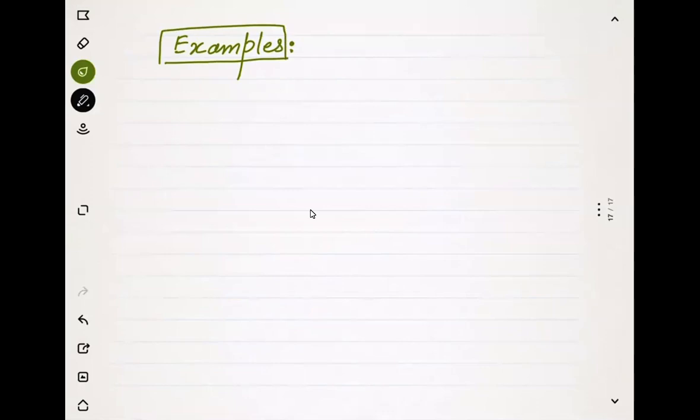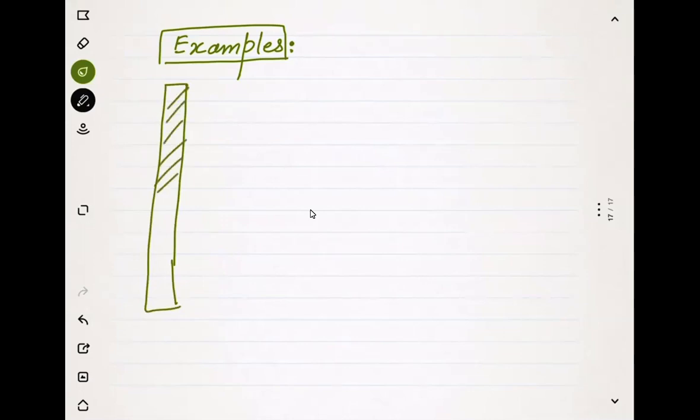Let's suppose we have a situation in which there is a wall, and against this wall we are balancing a rod. The rod is right here.